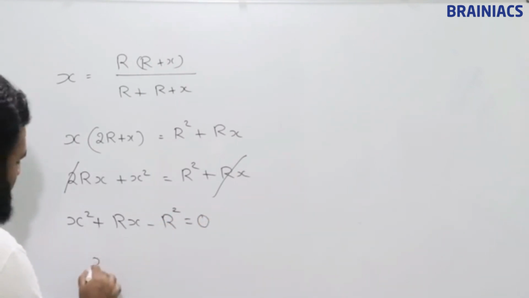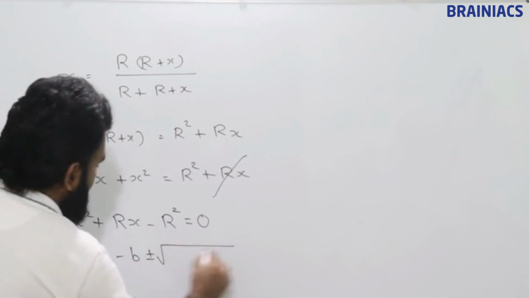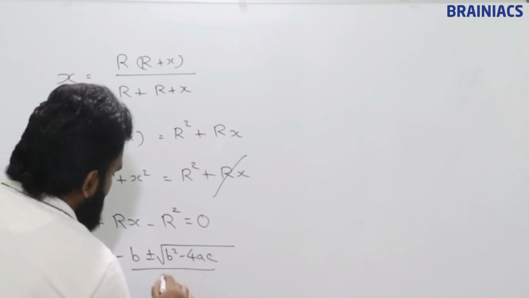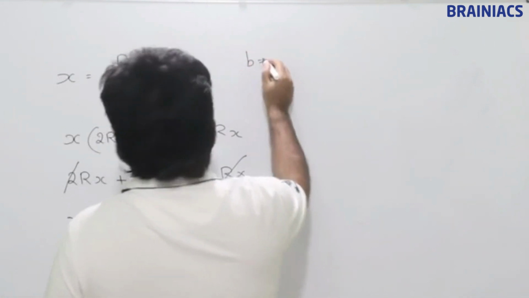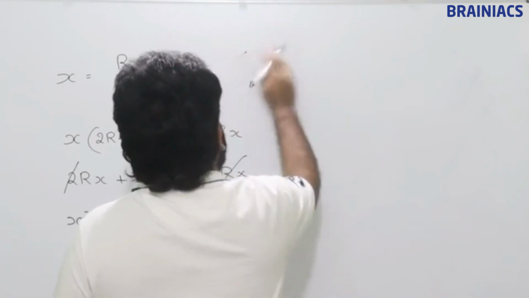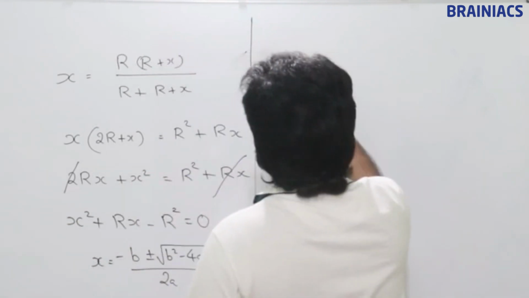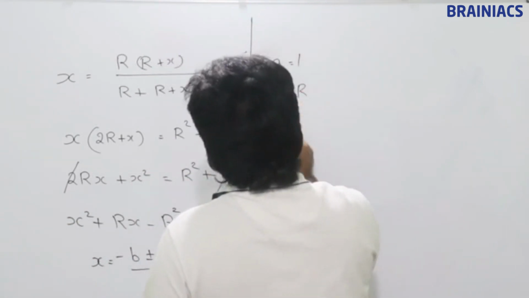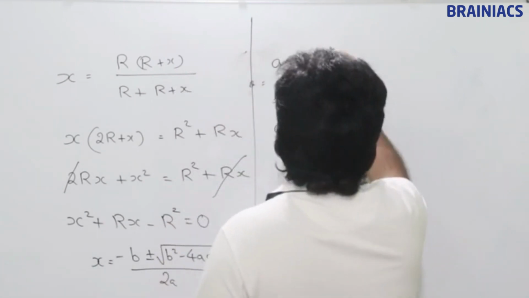Now we will find X is equal to minus B plus or minus root of B square minus 4AC divided by 2A. So here A is 1, the coefficient of X square. B is nothing but the coefficient of XR, which is R. C is nothing but the coefficient of R square, which is minus 1.